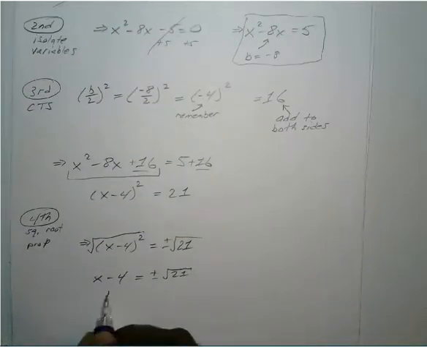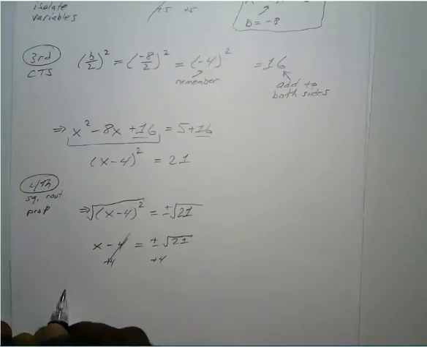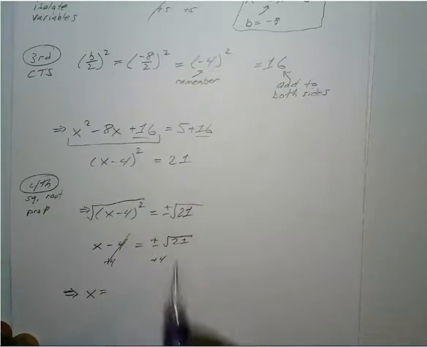So we can go ahead and add 4 to both sides to solve for our x. So that leaves us with x equals 4 plus or minus square root of 21.